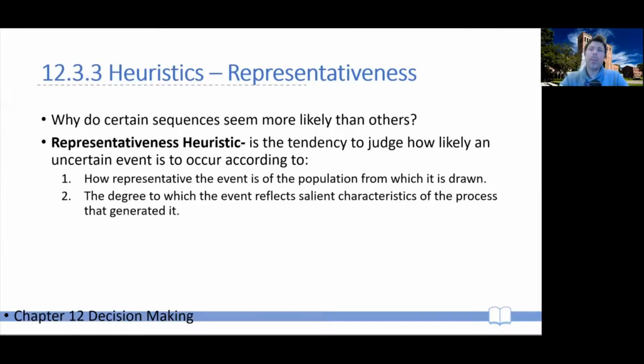Specifically, it's based on 2 main things. First, how representative is the event of the population from which it is drawn? Second, the degree to which the event reflects the salient characteristics of whatever process has generated it. In our case, randomness.